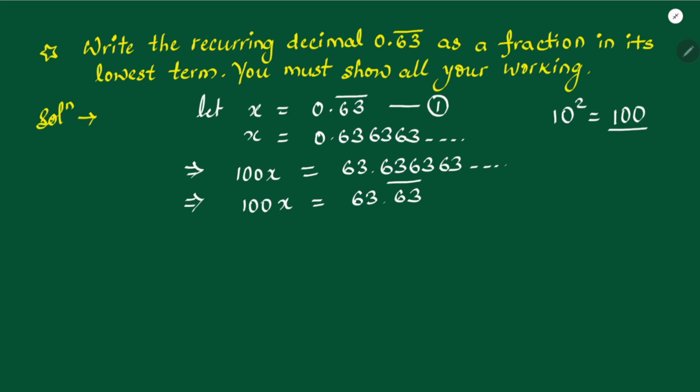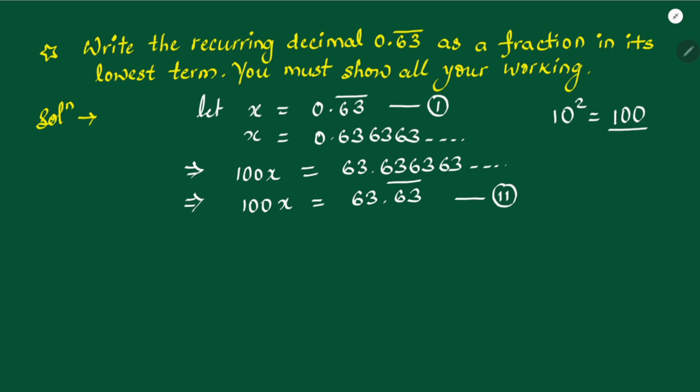So clearly, if I call this equation 2, you can compare from equation 1 and equation 2 that the digits after the decimal are the same in both of the numbers. Here it is 63 recurring, and in the same way in equation 2, this one is also 63 recurring.